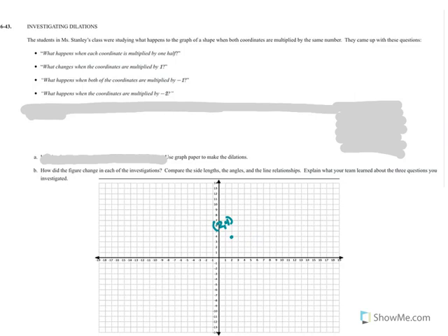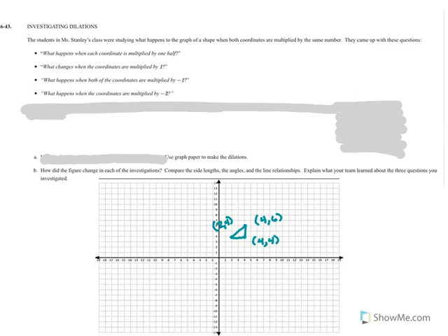Actually, let's not do 5, 4. That's not going to work out very well. Let's do 4, 4. And we'll label it as 4, 4. And let's do 4, 6. Okay, go ahead and pause and get that graphed if you don't already have it graphed.